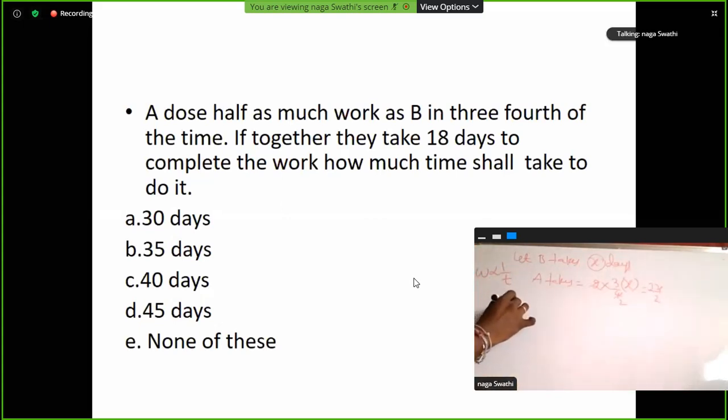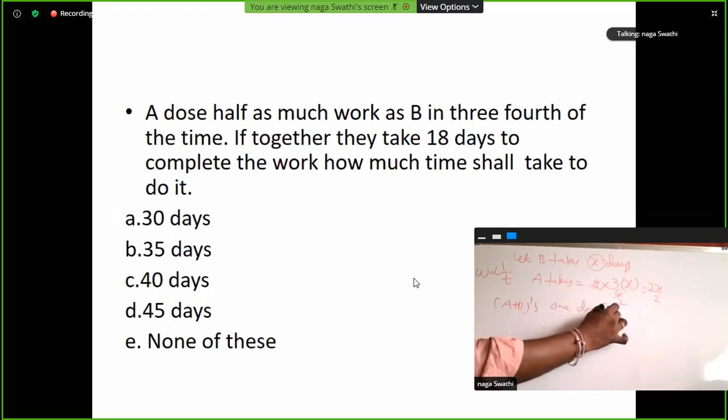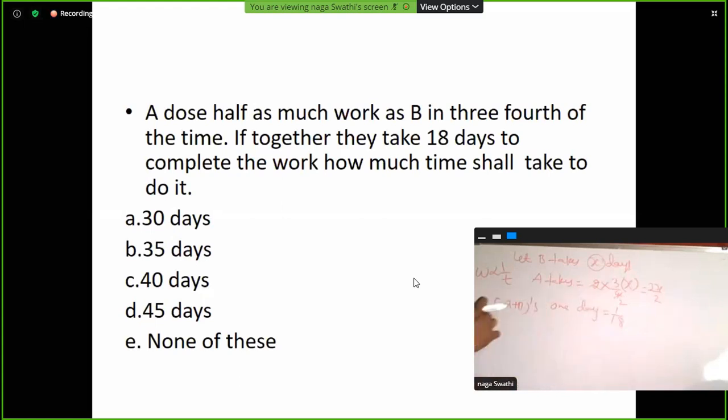So A plus B's 1 day's work is equal to 1 by 18. A's 1 day's work is 2 by 3x. So 2 by 3x plus 1 by x is equal to 1 by 18.